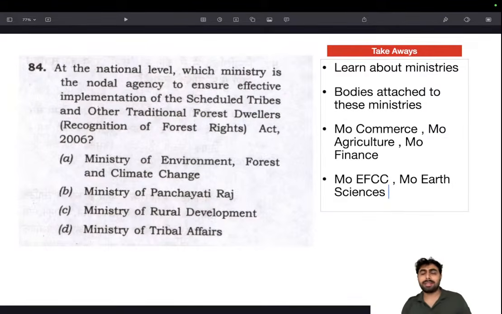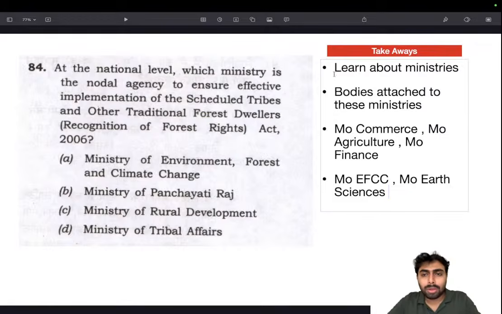They will be asking more questions about that in the coming years. There's a good chance for that, because UPSC is focusing more on the practical side of things, and if you are very well aware about the ministries and their mandates, it makes you a better candidate for being a civil servant. So things like that are getting more and more important these years. So pay attention to this. Learn about the bodies attached to these ministries.